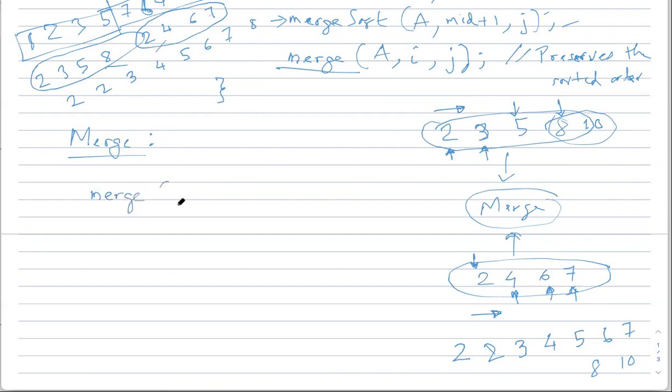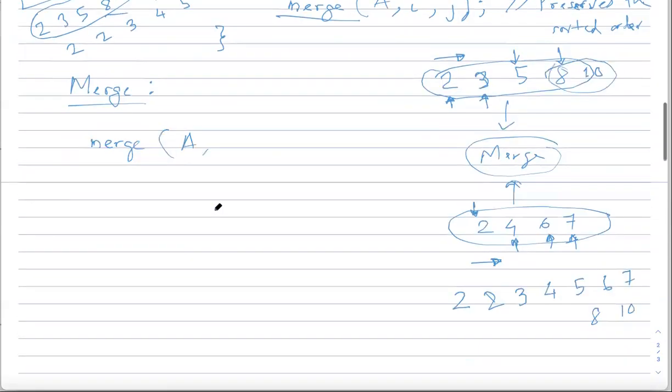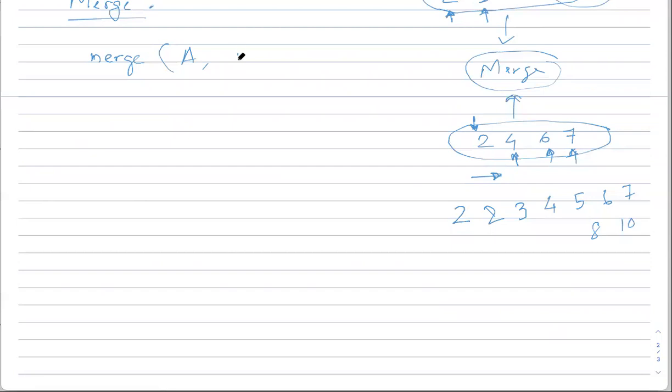Our signature for the merge function is that we are passing in A, I, and J. The first part is you initialize.